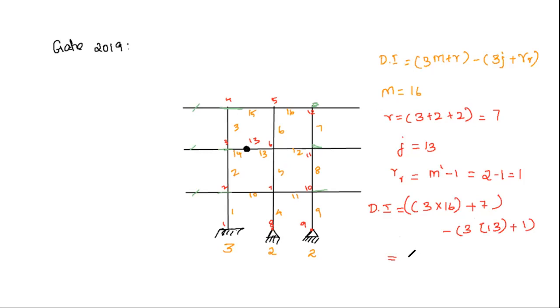That is 3 into 16, 48, plus 7, minus 3 into 13, 39, plus 1, 40. So 8 plus 7, it is 15. So the answer is 15. The static indeterminacy of the given structure is 15.